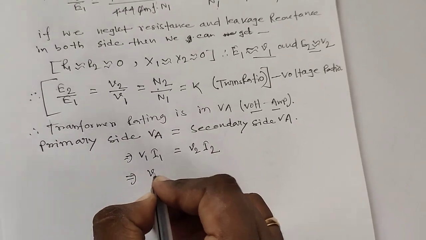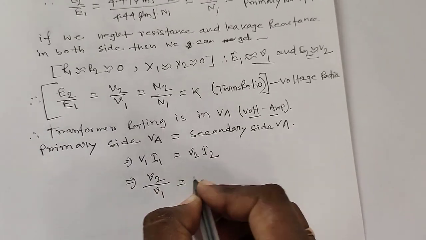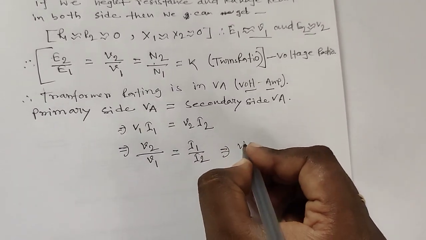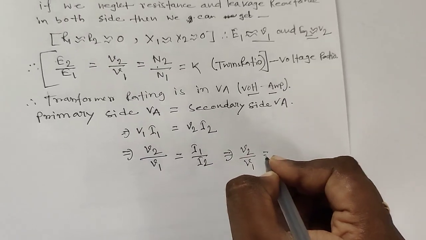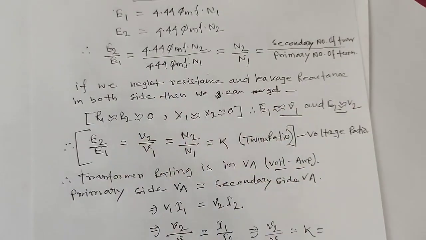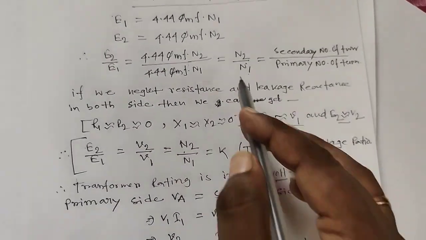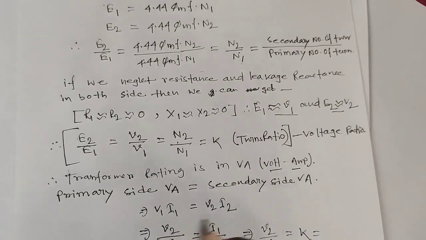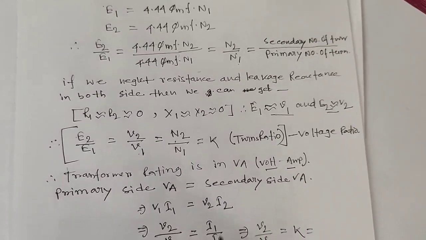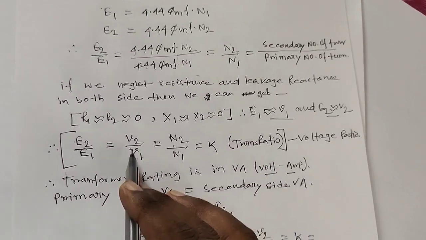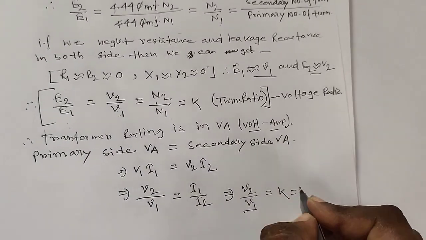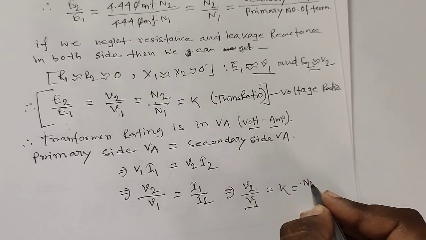Then we can write V2 by V1 is equal to I1 by I2. So V2 by V1 is equal to E2 by E1 is equal to N2 by N1. We can write V2 by V1 is equal to the turns ratio K is equal to N2 by N1.